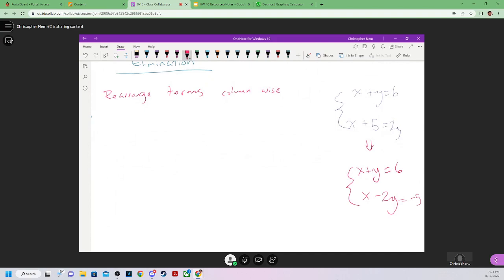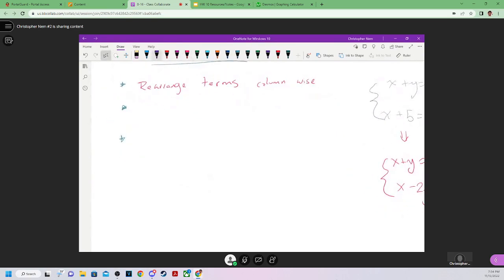I can rearrange that. Now, if you're looking through the PowerPoint presentation, this is slightly different than the Gaussian elimination. We will talk more about that next time. But the idea is that I can move around these terms, and you should move around these terms, so that the x lines up with the x, the y lines up with the y, and the constant lines up with the constant.